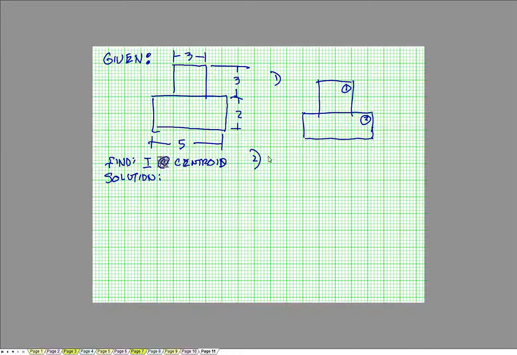You'll remember, y bar equals the summation of areas times their individual y distances to a known point, divided by the total area. So area 1 equals 3 times 3. Area 2 equals 5 times 2, so 10. Total area equals 10 plus 9.